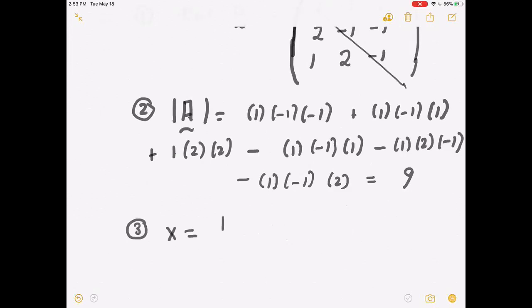You have 1 over the determinant of the coefficient matrix, so that's 1 over 9. And then to solve for x, you take the first column of the coefficient matrix and you replace it by B1, B2, B3. So you're going to have 2, 1, minus 3 there.